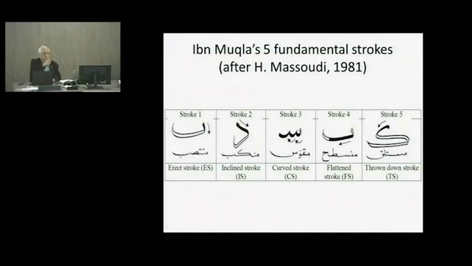We don't have exactly the same vocabulary as what was presented this morning, but the idea is not very far from being the same. Then you have stroke 3, curved stroke, and then stroke 4 is a line, and stroke 5 is thrown down stroke. It's just describing the movement.